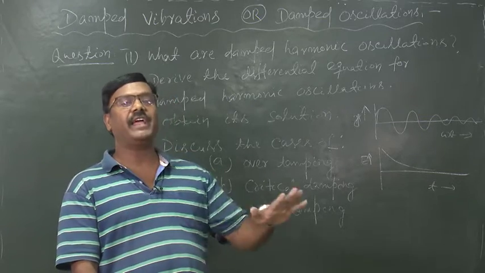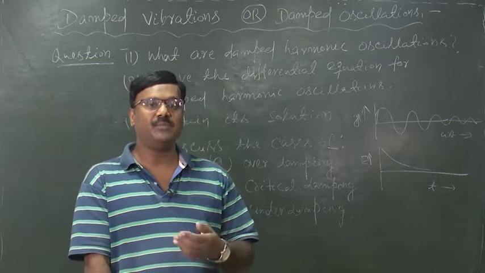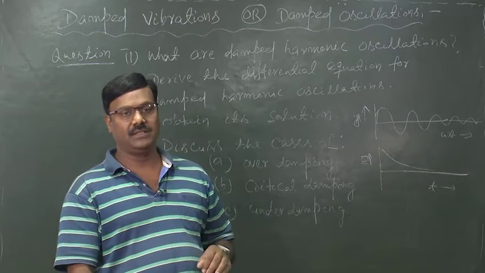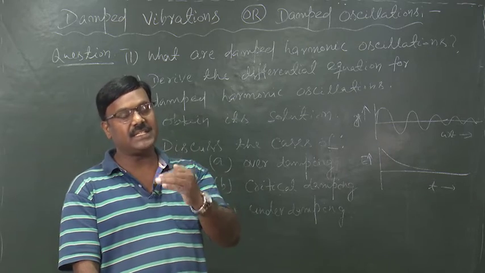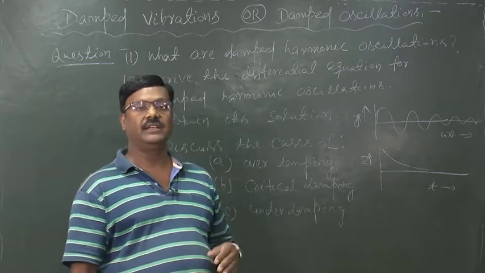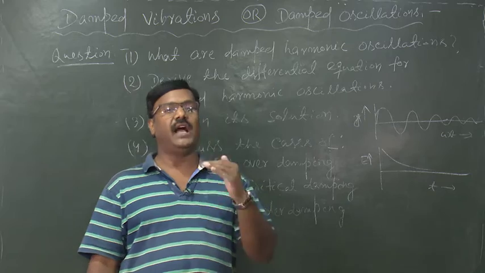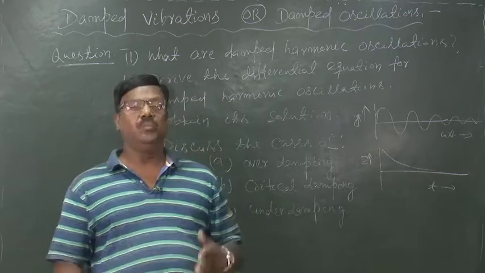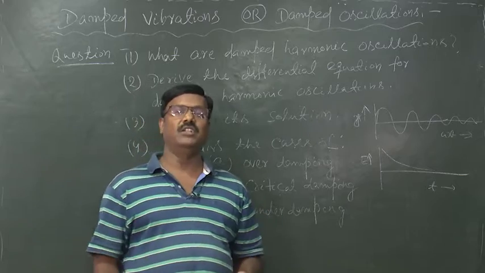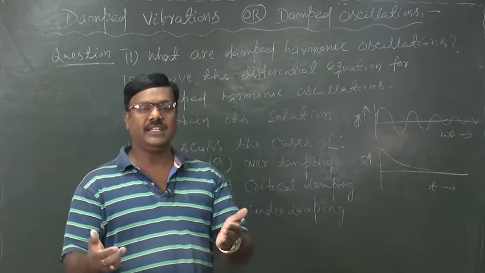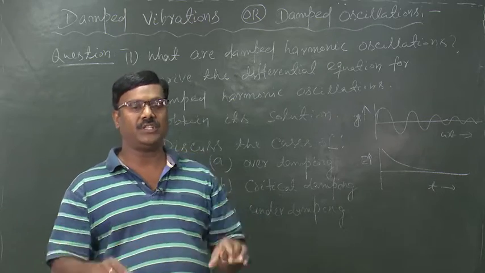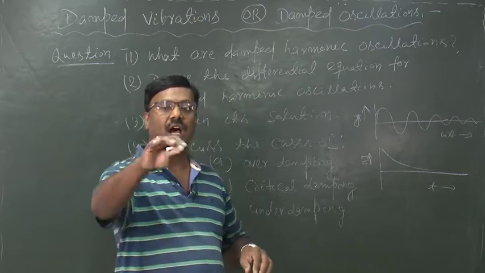So, our air medium is an example of a resistive medium. If a body oscillates in a resistive medium like our air, then with time its amplitude and energy will gradually decrease. For example, if a small child is in a swing and we give an initial effort to the swing, then the swing will oscillate.